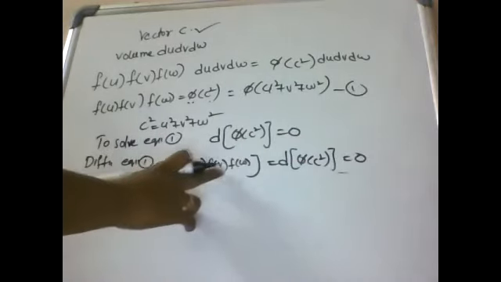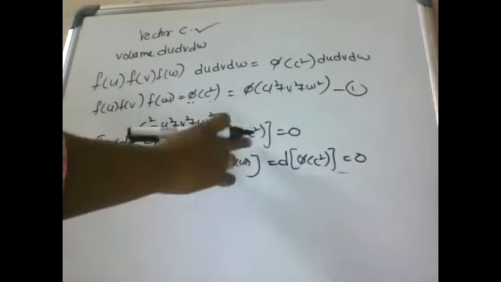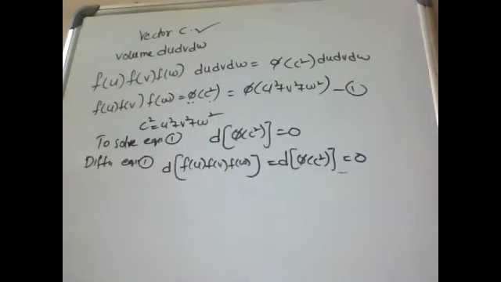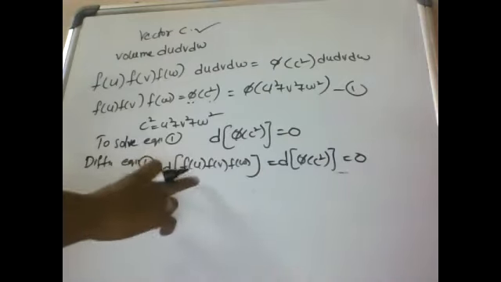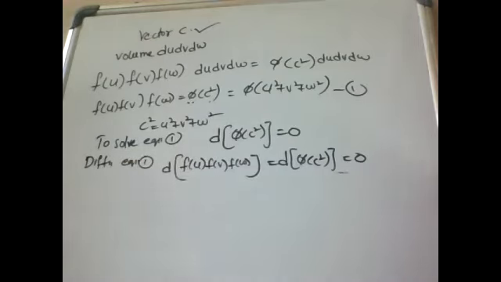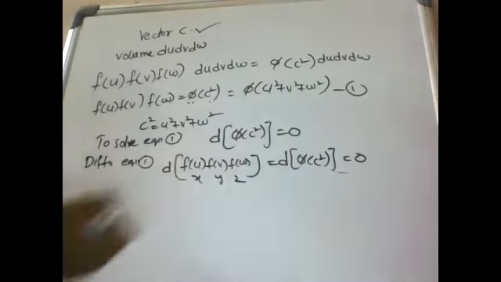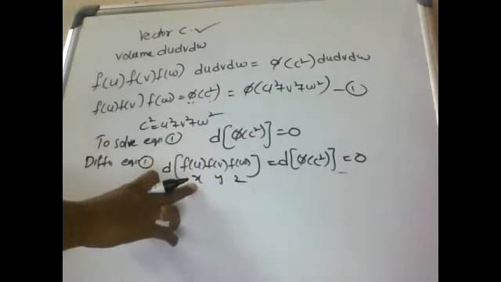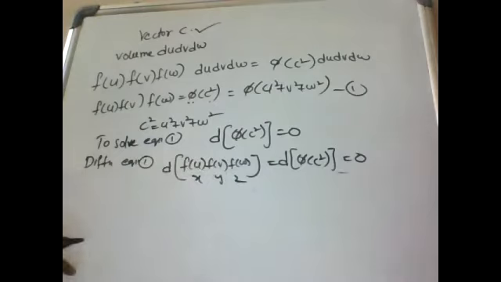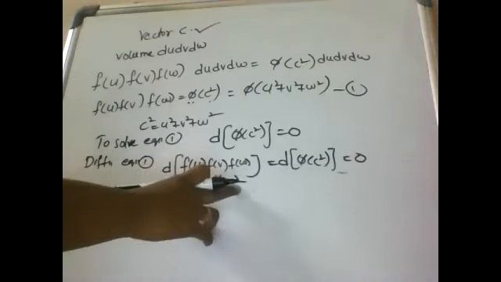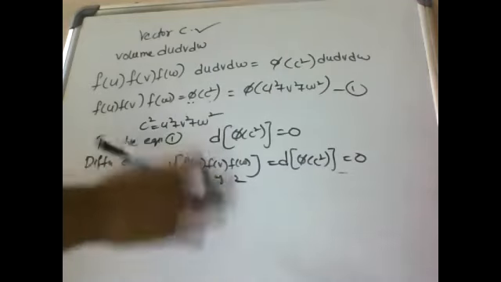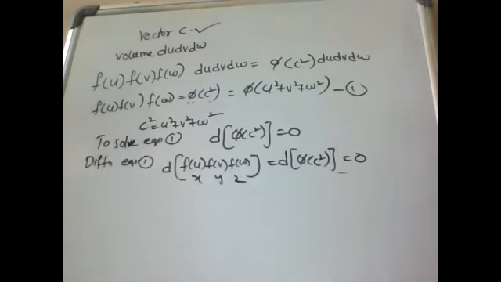So in place of f(u) f(v) f(w) we write φ(c²) also. Differentiate these three functions: we have the u function, v function and w function, with x, y, z. When x varies, y and z are constant; when y is constant we get x, z differentiation; when z is constant we get x, y differentiation.